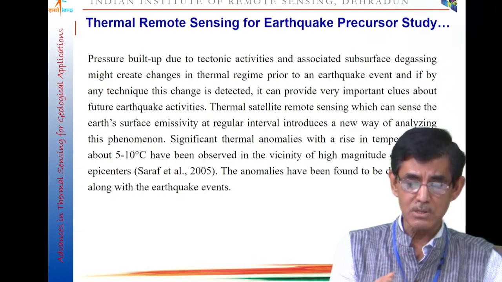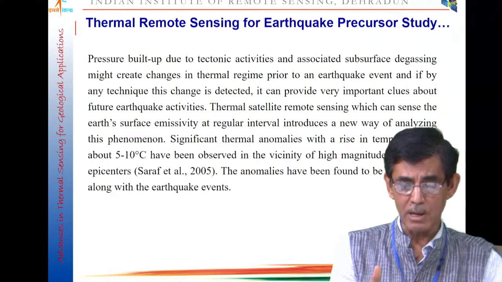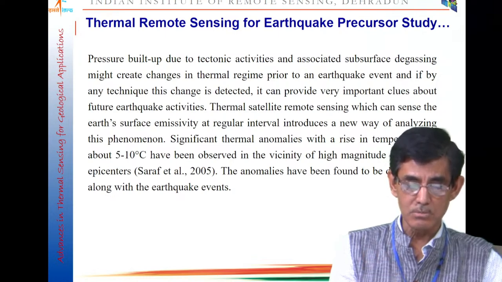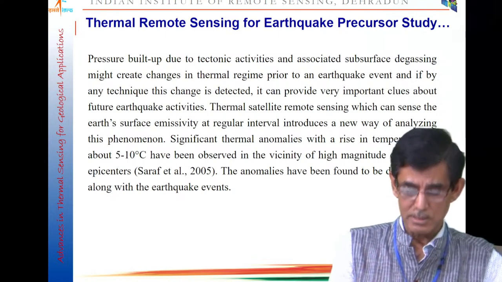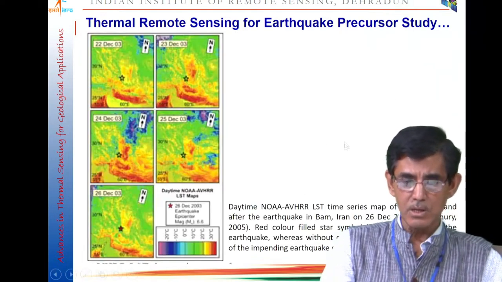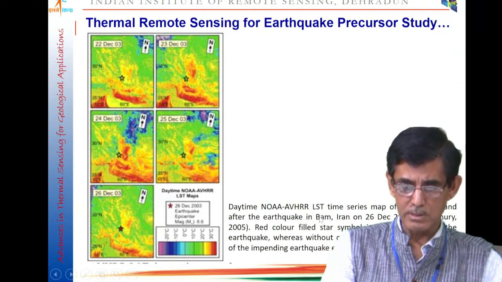So in a few days, an earthquake is going to happen if you continuously monitor the region where the possibility is high. Now you see, this is an area for the Bam earthquake in Iran, where the earthquake occurred on 26 December 2003.